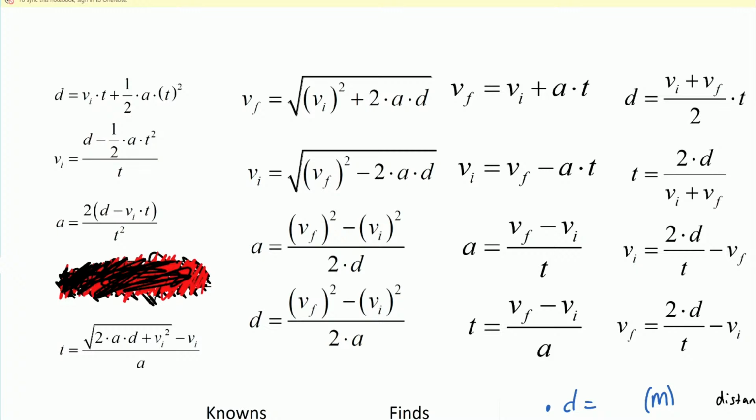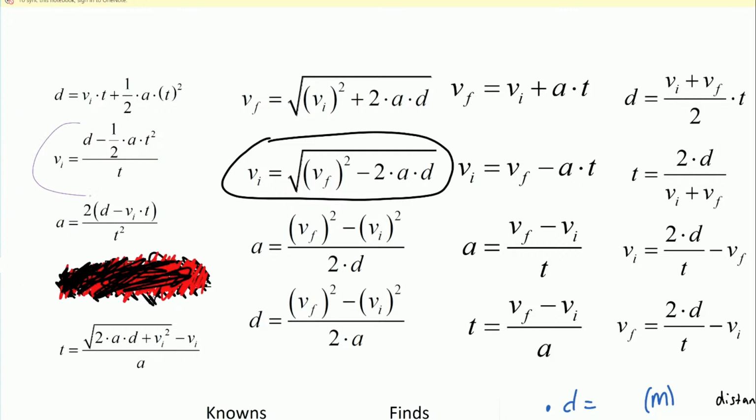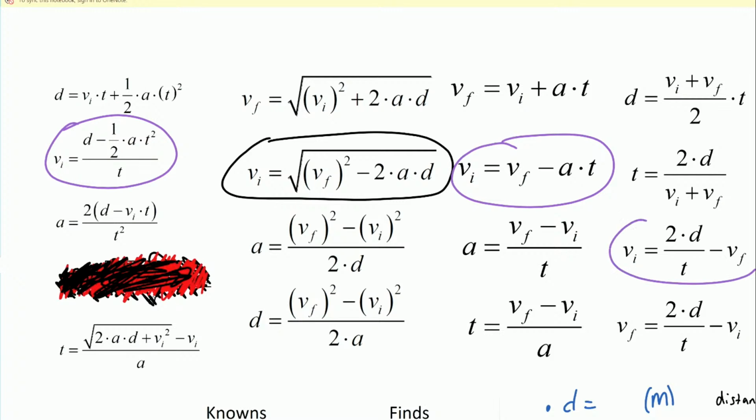Okay. So we ended up finding that this is the equation that we need because all the other v sub I equations, this one, this one here, this one here, and this one here that are all solved for v sub I, all of these have t in them, and I don't know anything about t, so I can't solve those equations.